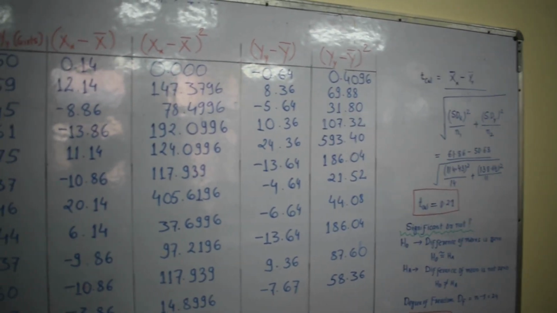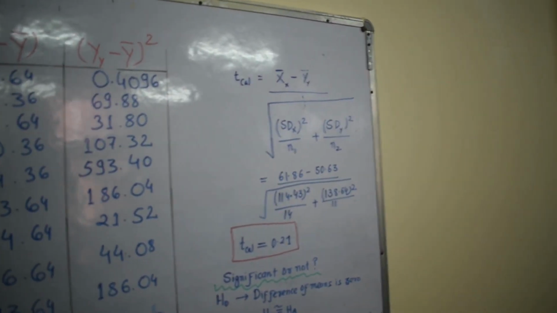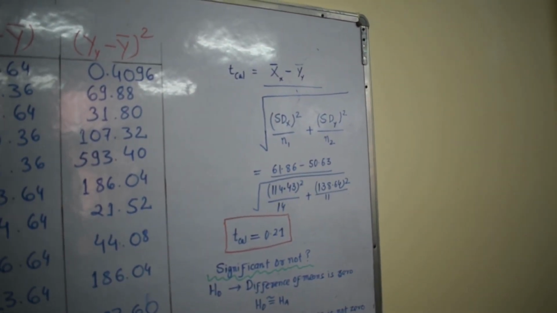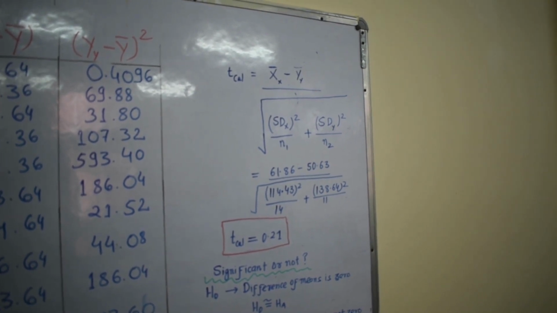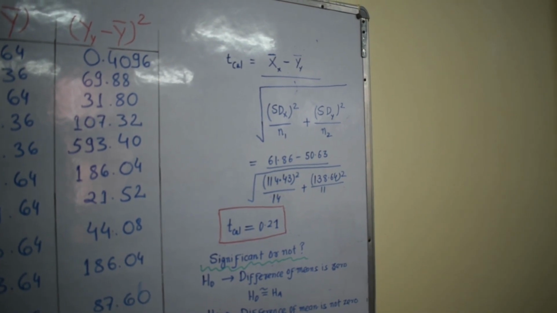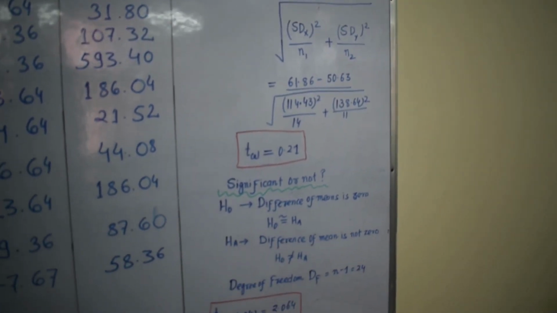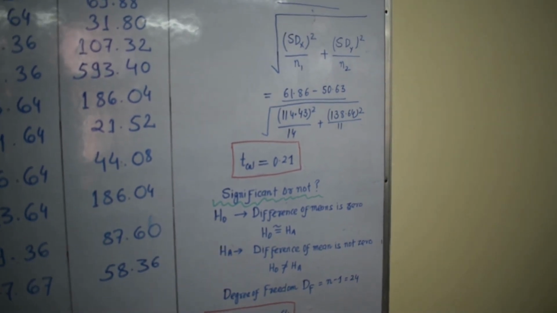These values are there. Now onto the calculation portion. In the calculation portion we find the standard deviation for boys' weight is 114.43 and for girls is 138.64. So when we calculate, the calculated value comes around 0.21.